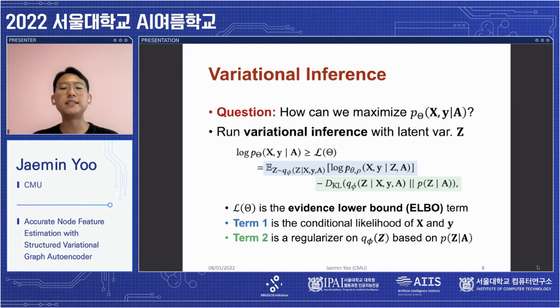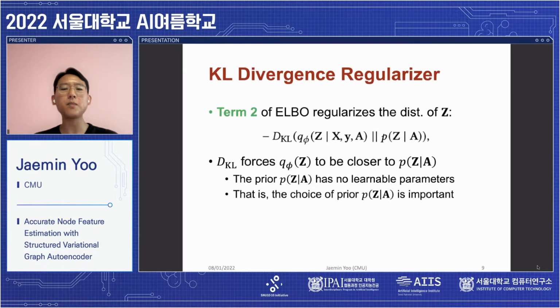So the first term is straightforward because it is just conditional likelihood, which can be written as reconstruction errors of features and labels, but the important part is the modeling of the second term. The second term of ELBO regularizes the distribution of Z based on the KL divergence between 2 different distributions.